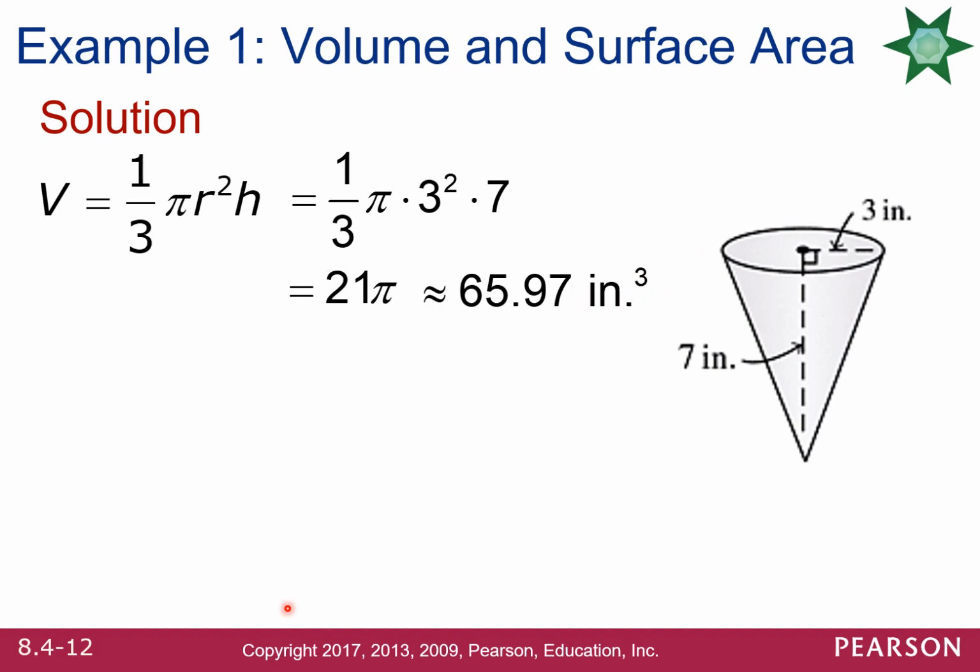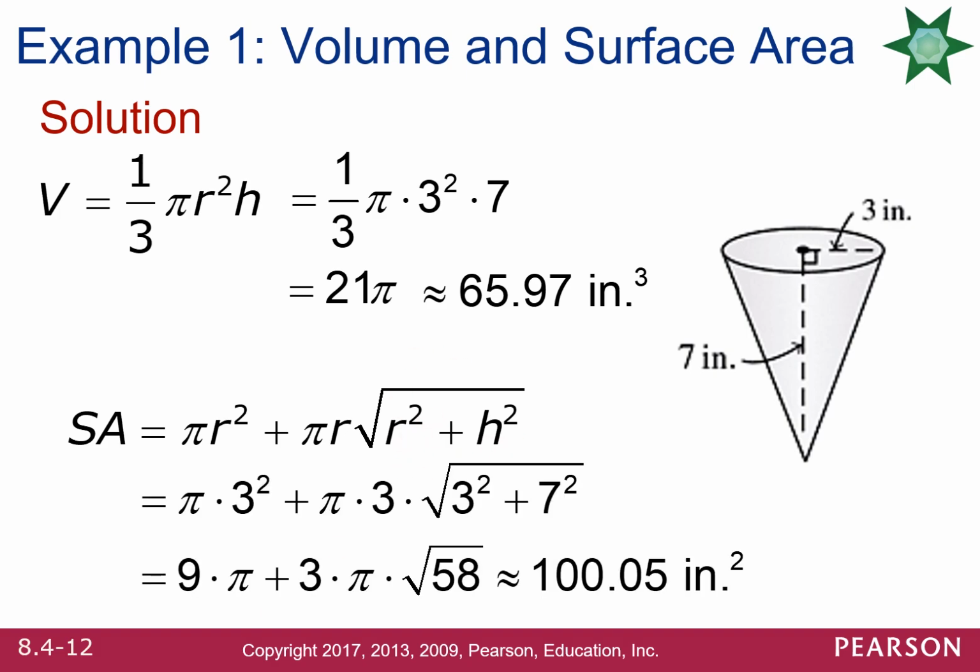As for the surface area, the formula is pi r squared plus pi times r multiplied by the square root of r squared plus h squared. So again, plug in the values. Pi times r is 3, so 3 squared, that'll make it 9 pi.